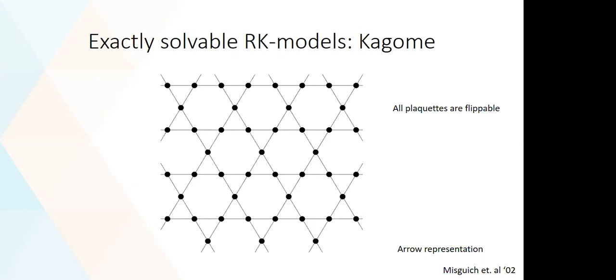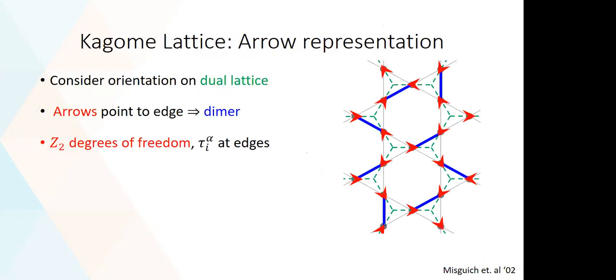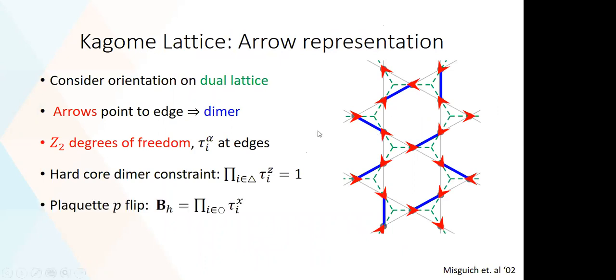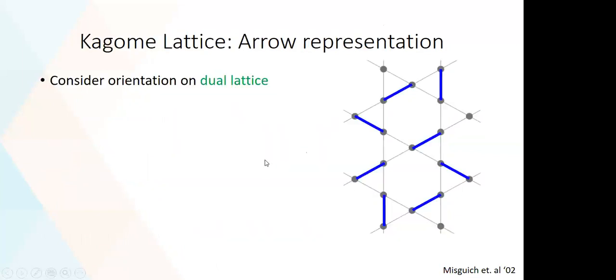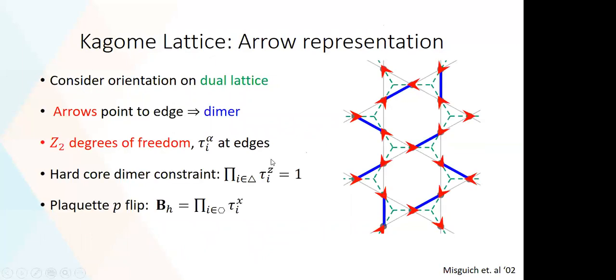I think I'll skip most of the next slide. The important thing here is that on the Kagome lattice, you can ignore all the arrows and such. On the Kagome lattice, for all the plaquettes, if you think of a basic move, I didn't put a picture of how you flip a dimer on the Kagome lattice, but essentially, if you ask whether a flip move is available on some dimer configuration, the answer is always yes.